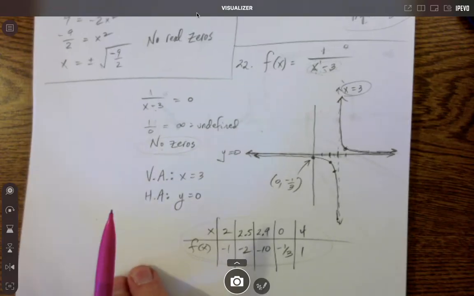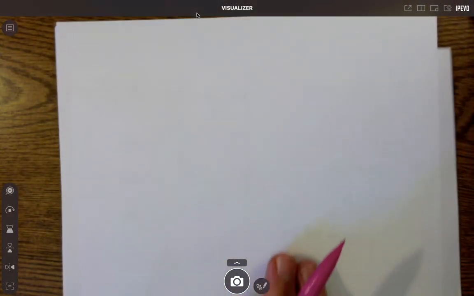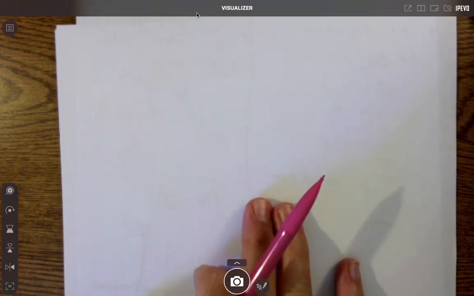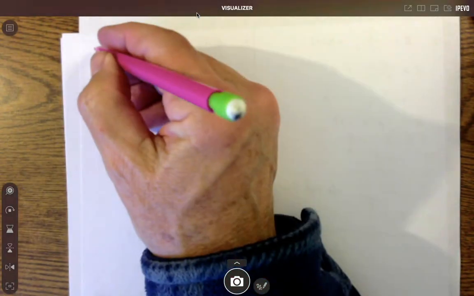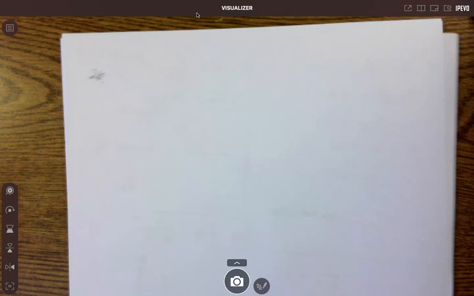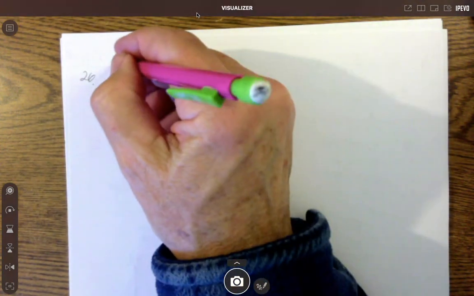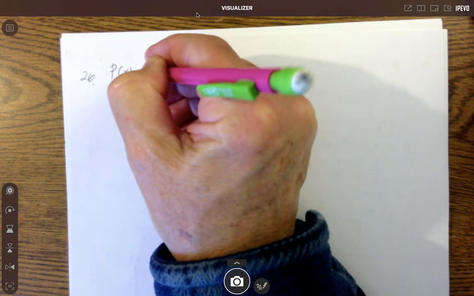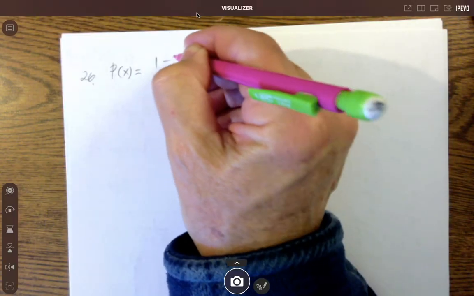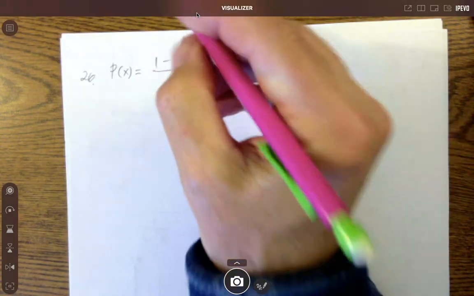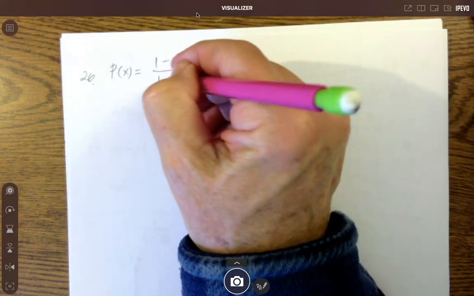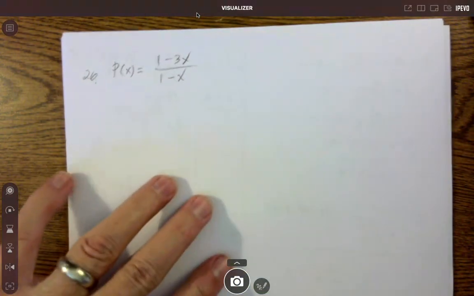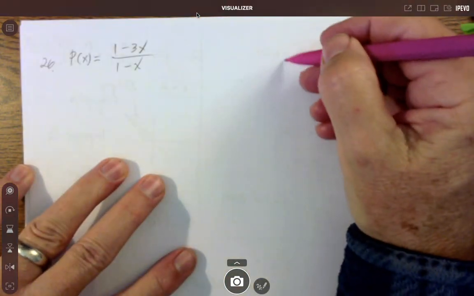Let's take a look at 26. p of x equals (1 minus 3x) over (1 minus x). Okay, so draw a graph.